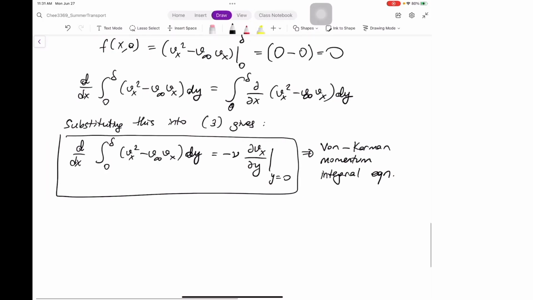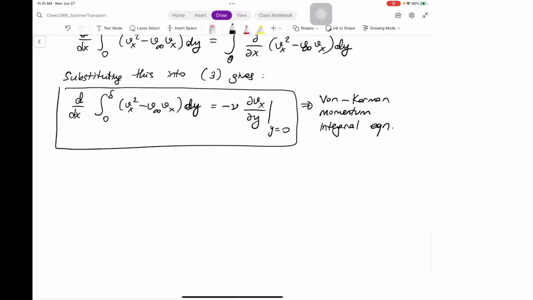Now, what does it say? It says the following: if we can find Vx as a function of y, that means we can obtain the wall shear stress, right? This is going to be the wall shear stress, or at least proportional to that. So if you know Vx is a function of y, we can estimate the left hand side and right hand side.